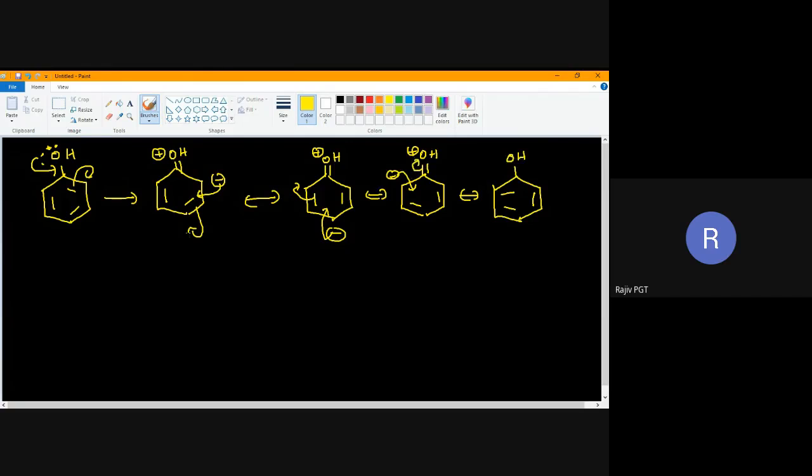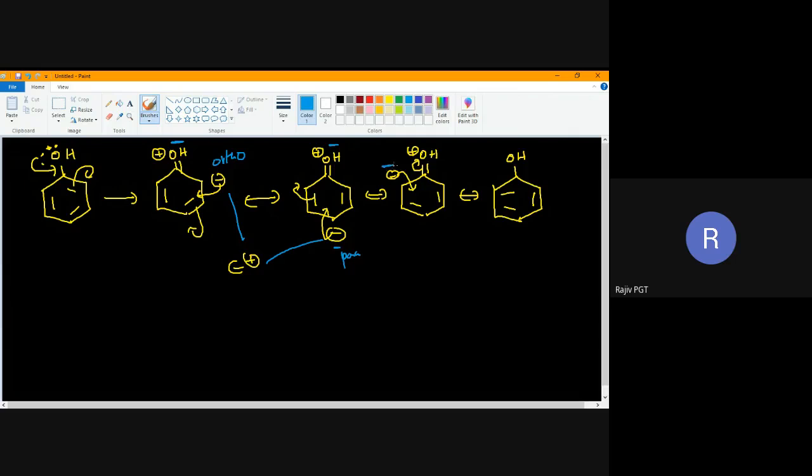Now look here. If an electrophile is coming, what is an electrophile? The electrophile will have a positive charge. This electrophile will join either in this position or in this position. This position is ortho with respect to this OH. This position is para with respect to this OH.